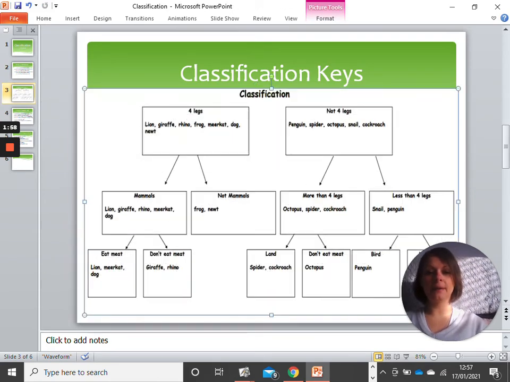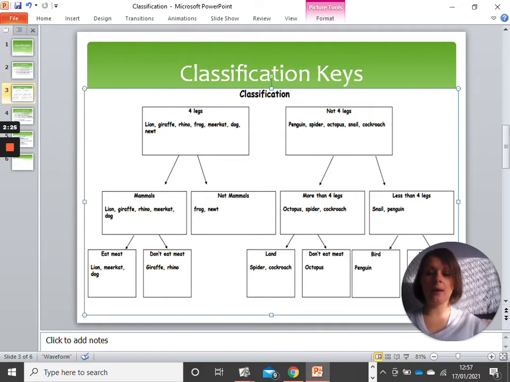What then happens is that the taxonomists will then sort this into an even smaller group. So we can sort these into mammals and not mammals. So in my mammals we have lion, giraffe, rhino, meerkat and dog. Last week we talked about the characteristics of mammals, so hopefully you've remembered them.